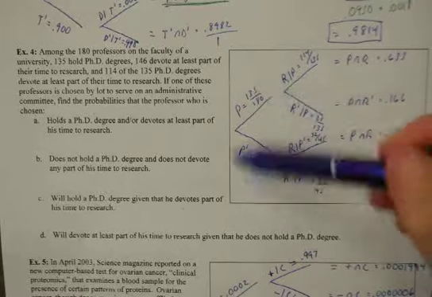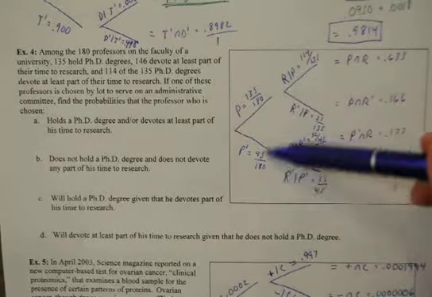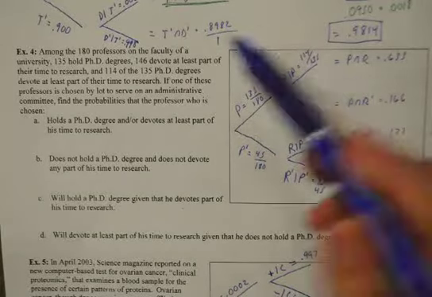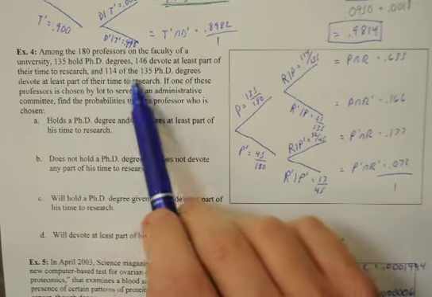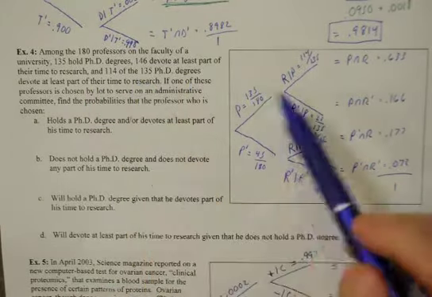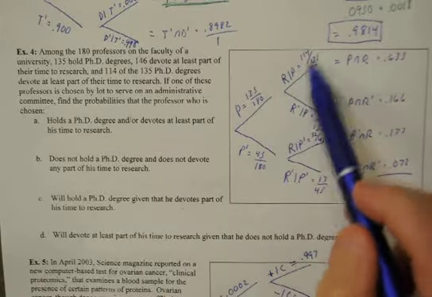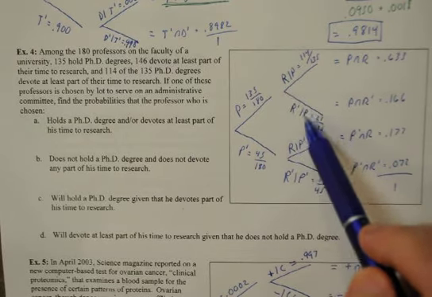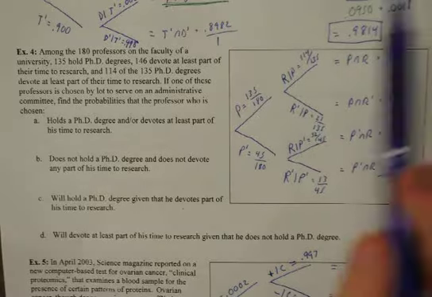Among professors, you either have a PhD or you do not have a PhD. Given the PhD, 114 do research, and given the PhD, 21 would not do research.